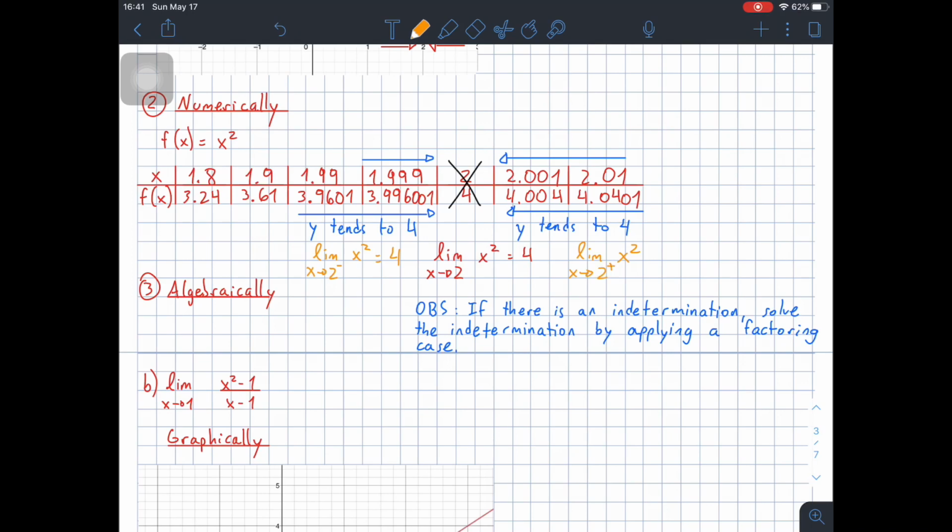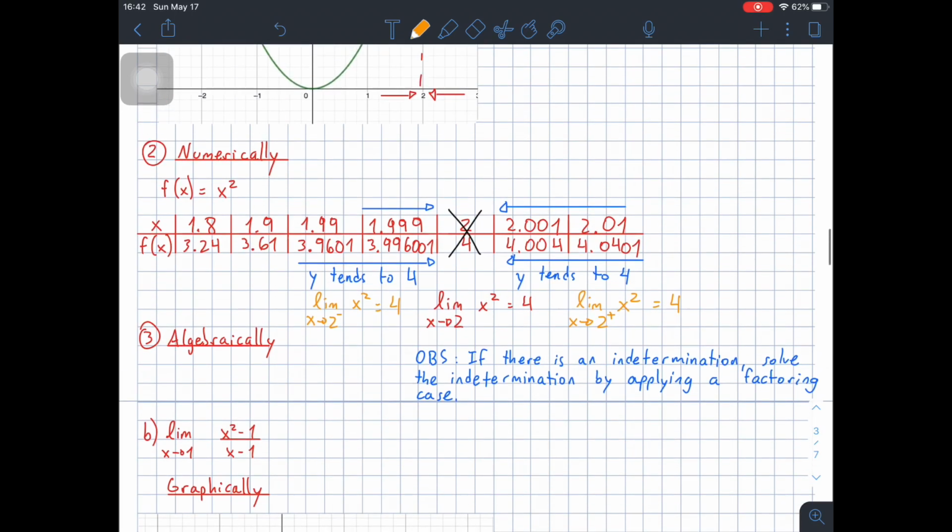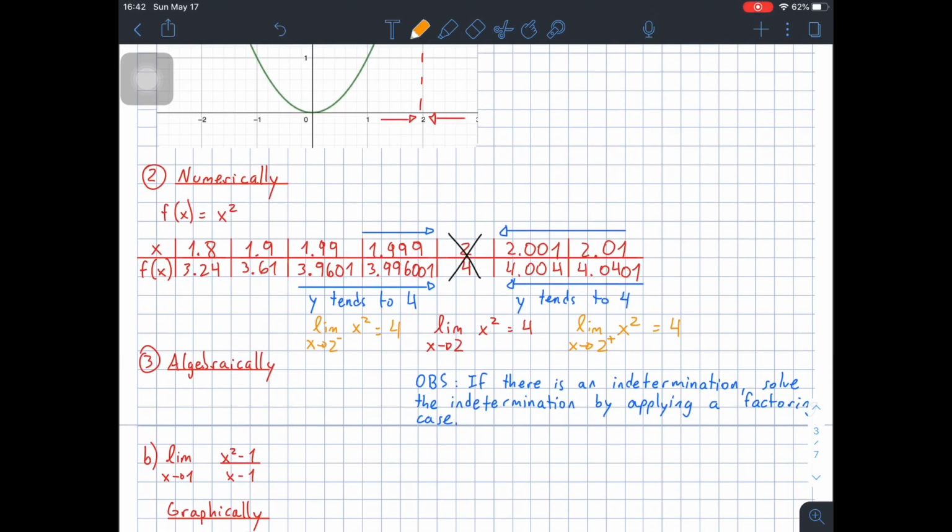That means that we're approaching from the right, and this equals 4. And because this value is the same as this value, then we can conclude that the limit of the function is actually that value, okay? So I'm showing you this because you're going to be seeing this in some examples as well. So this is how you do it numerically. You build a table and you compare to what values of y the function is approaching.